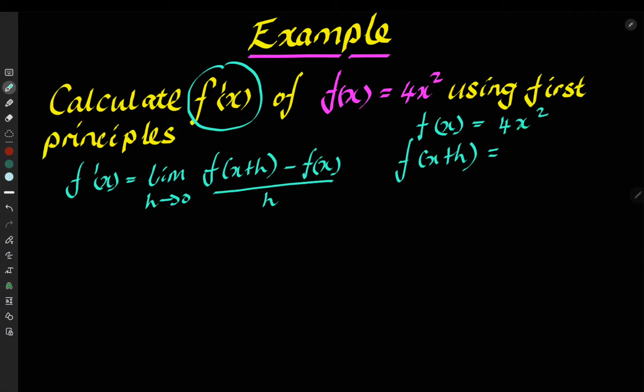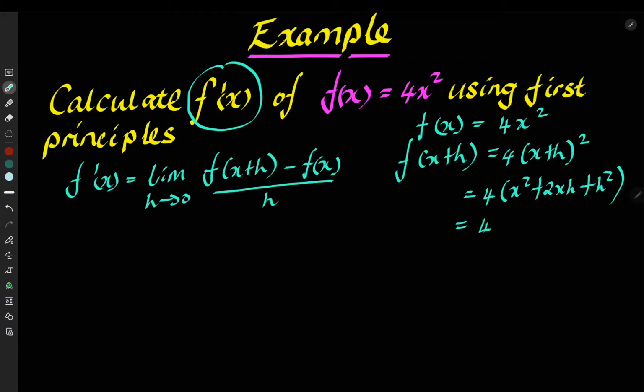Therefore, the function of x plus h will be, you just substitute x plus h for x. So that will be 4 bracket x plus h bracket squared. And then you can simplify this further, and that will be 4 bracket x squared plus 2xh plus h squared.